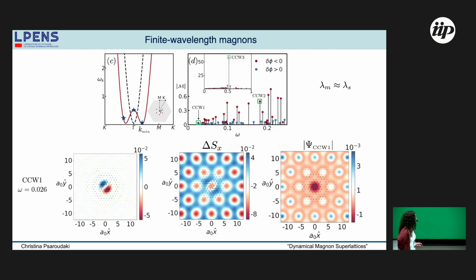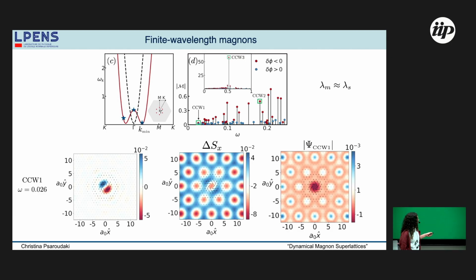Okay. So we want to repeat the same calculation for frustrated systems, but the first thing we observe is that the dispersion relation for the magnons that live there doesn't have this parabolic behavior, but has a Mexican hat. That means that the low-lying modes have a finite K and a finite wavelength. And the wavelength of those modes is comparable to the wavelength of the skyrmion, right?